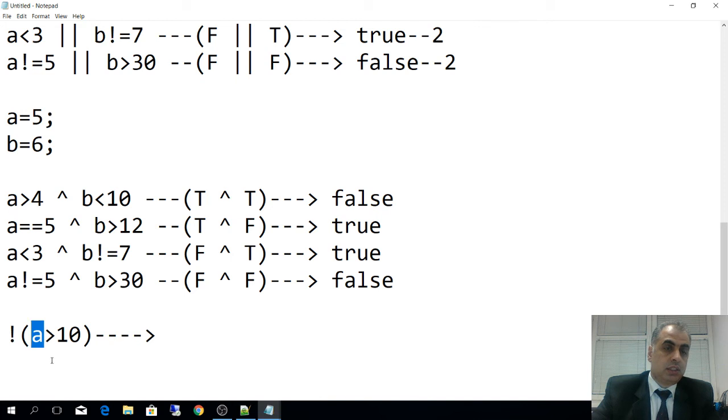Unfortunately not. So the result of this is false, but not false is true. Or not, open parenthesis, A is equal to 5, and the result is false. Why? Because A is equal to 5 is true, and not true is false.